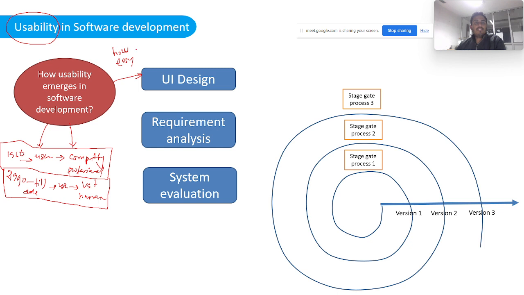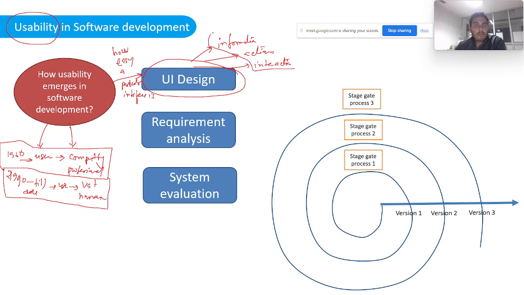In the first class I talked about what usability means: how easy a particular interface is. So we were just investigating the UI design part. UI means user interface. In UI design, we process information, actions, and interactions.